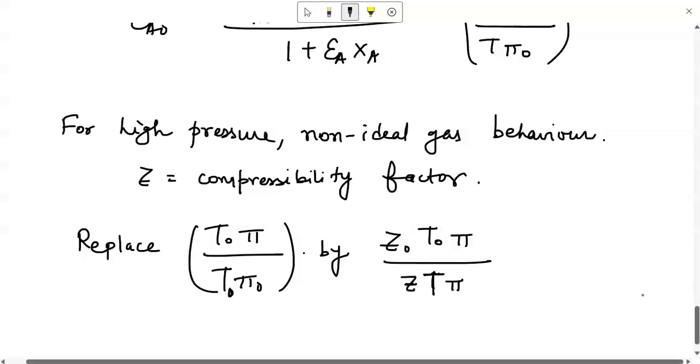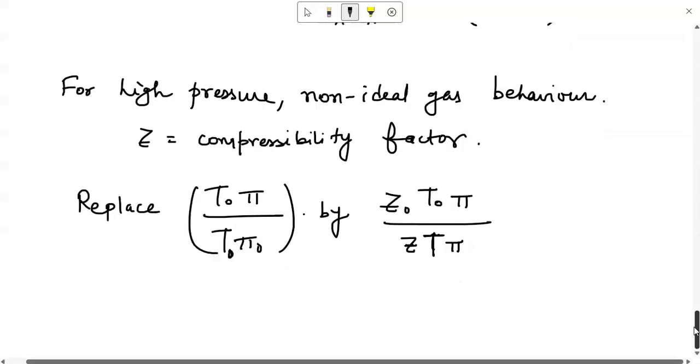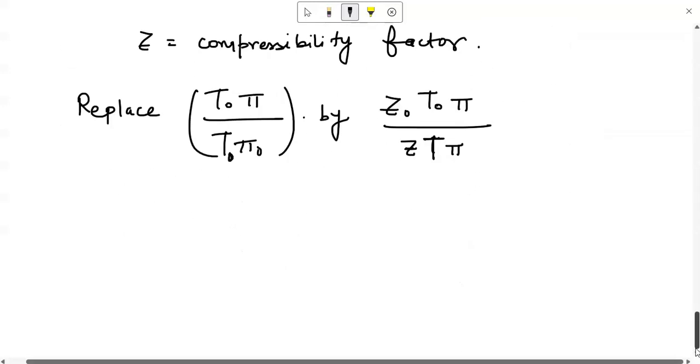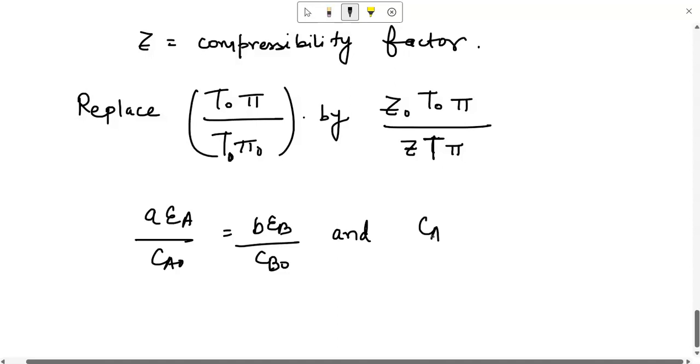Now in this case if we choose B as our key reactant, then we can simply relate as A epsilon A by Ca naught equals B epsilon B by Cb naught, and Ca0 Xa by a equals Cb0 Xb by b.